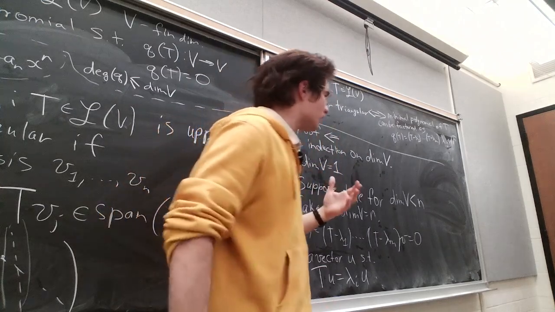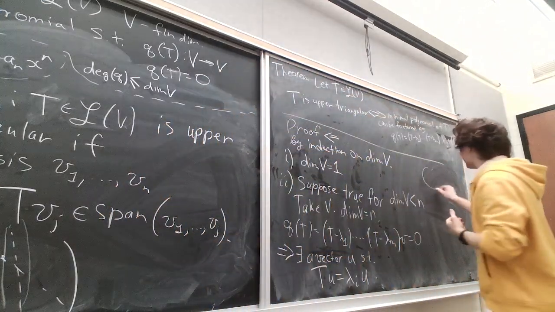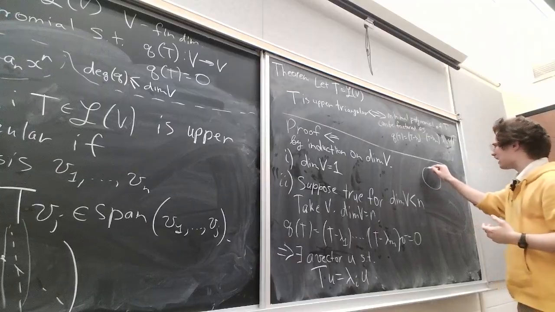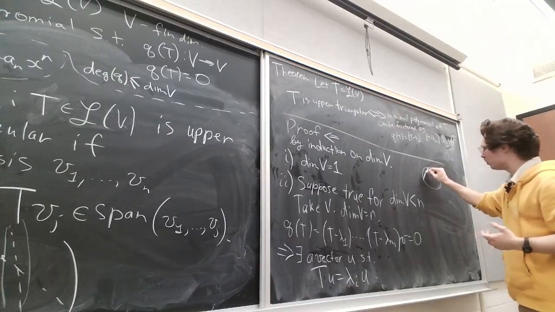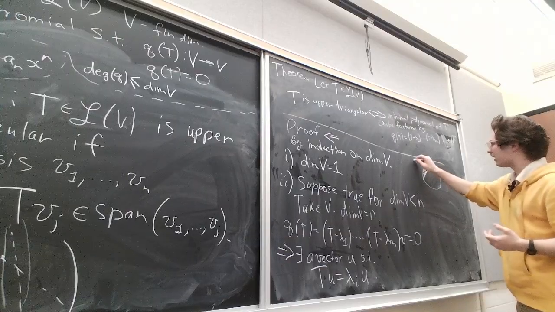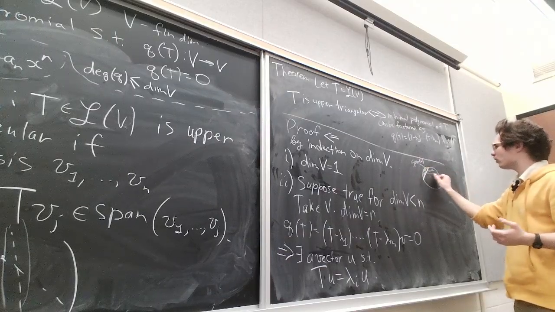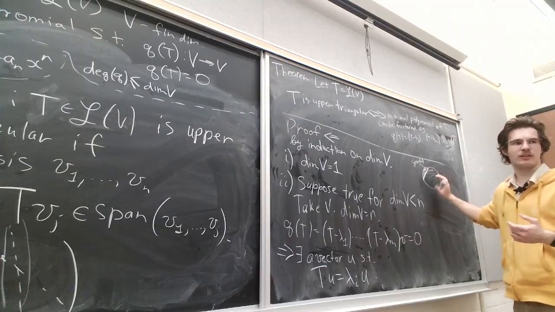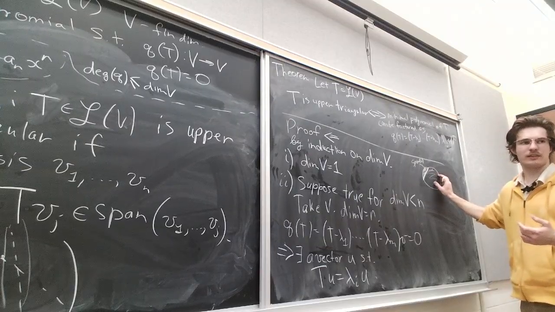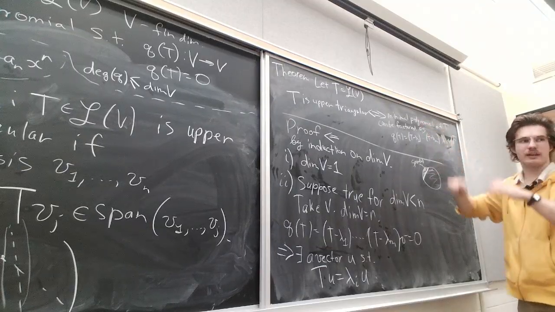So once again, I want to use this idea where I have my vector space. I've got this line u, a one-dimensional part, the span of u, right? And then I want to apply the induction hypothesis on what's left over, and have an upper triangular matrix there, and everything's nice.